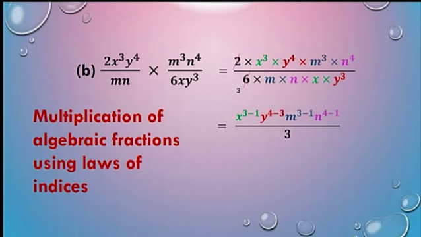So, performing the division law of indices, you're going to subtract 3 from 4. Same for m and n. So the final answer is 1/3 x squared y power 1 m power 2 n power 3. Of course, the y power 1, you can just write y.